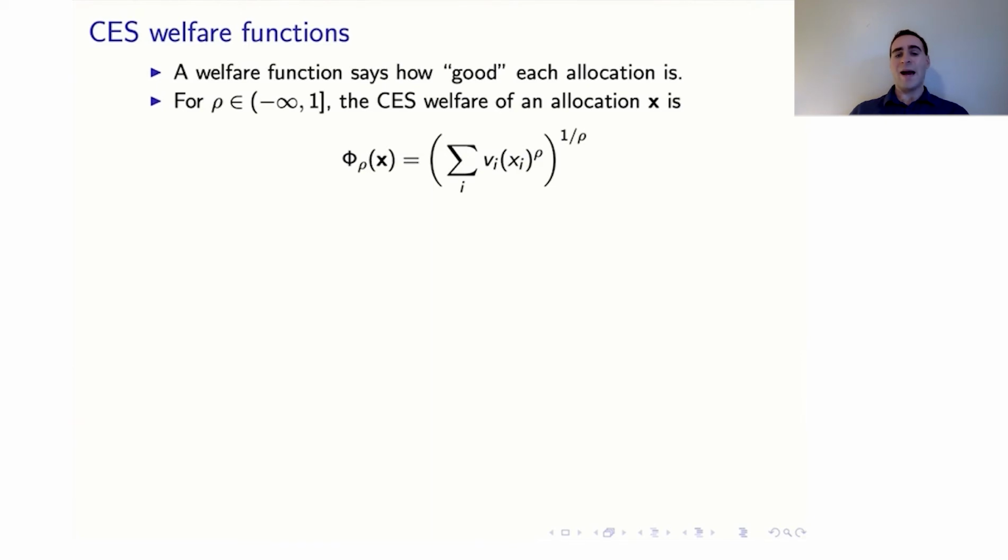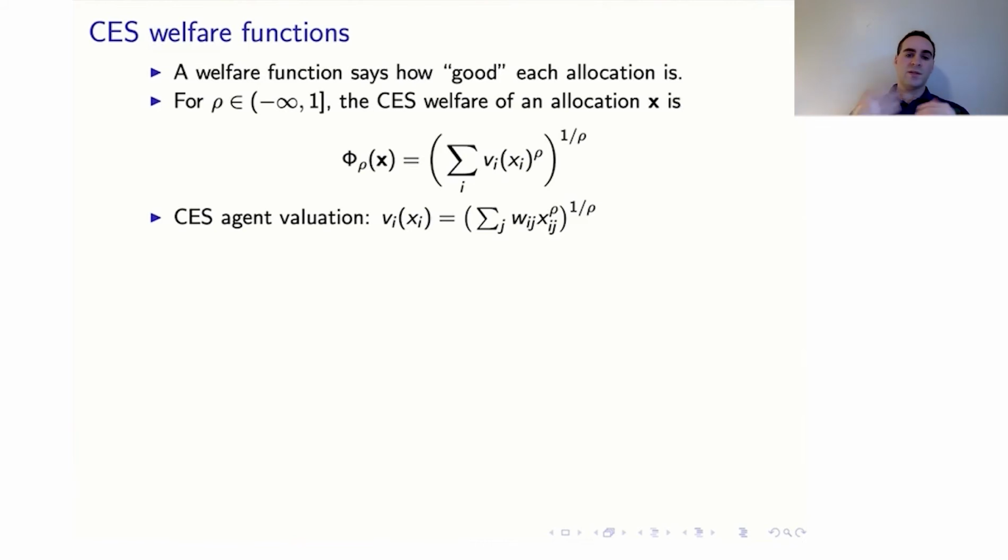It's essentially a power mean with respect to rho. Some of you may also be familiar with the CES agent valuation. So you can see this takes the same mathematical form, but conceptually, that's referring to how much an agent values a particular bundle, whereas the welfare function is referring to how good for society we think an allocation is.